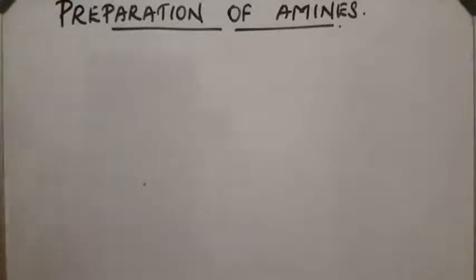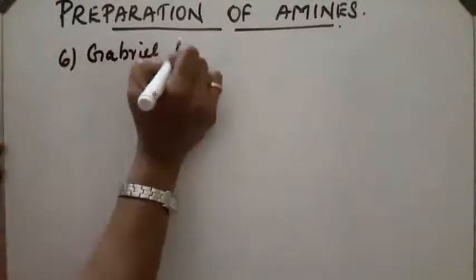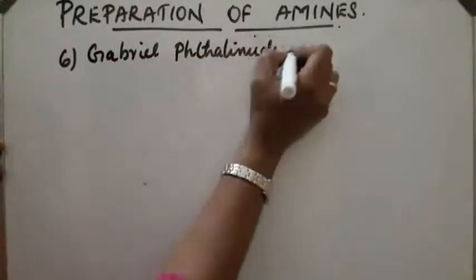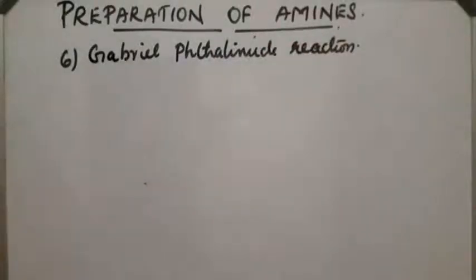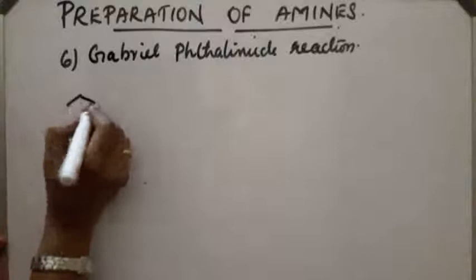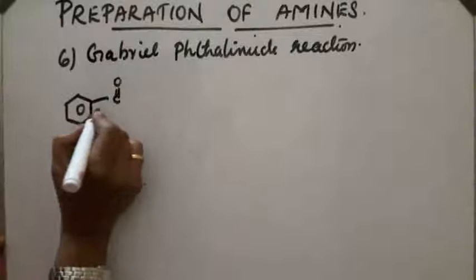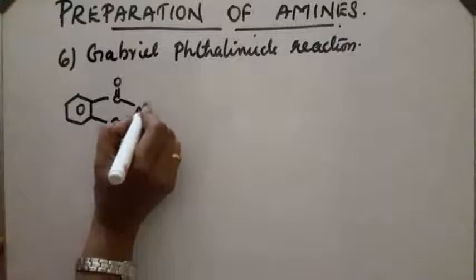Next reaction is Gabriel phthalimide reaction. Here the preparation of primary amine is taking place. This is phthalimide, with C double bond O, C double bond O, NH.